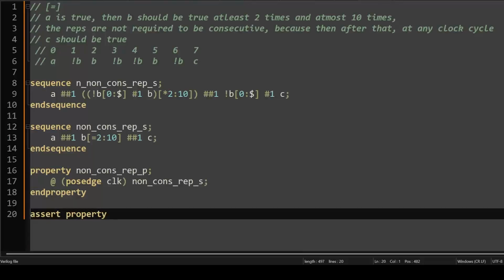Before that, let's label the assertion. So we assert the property, and if it fails, it will throw an error. It's a concurrent assertion, so it will keep getting checked during the entire simulation run.